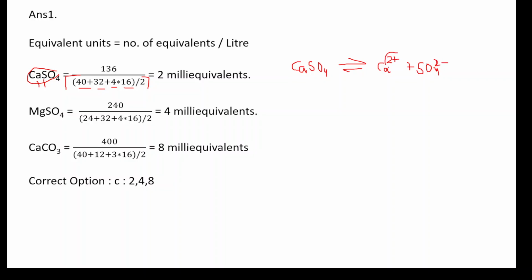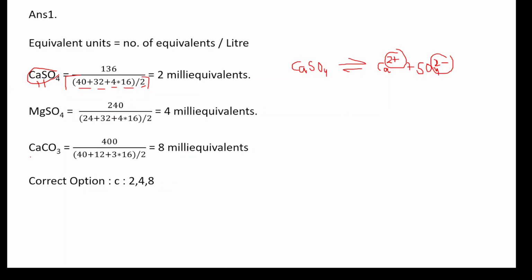So here, 2 electrons are exchanged, so that is why we are dividing it by 2. If some aluminium salt is there, aluminum hydroxide and anything, then we could have divided it by 3.